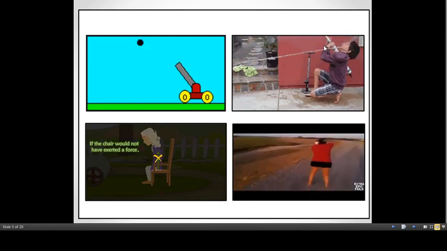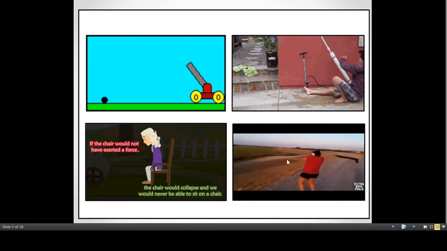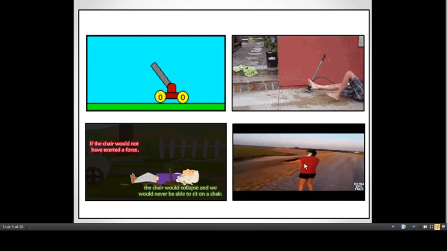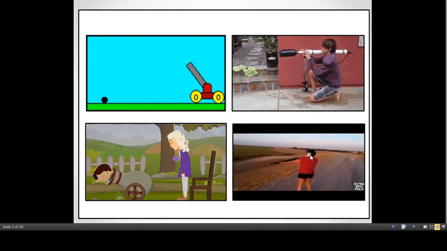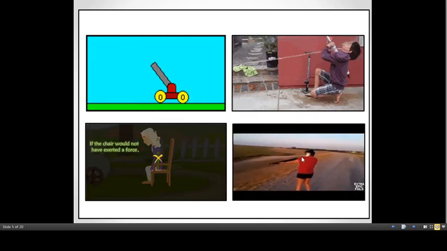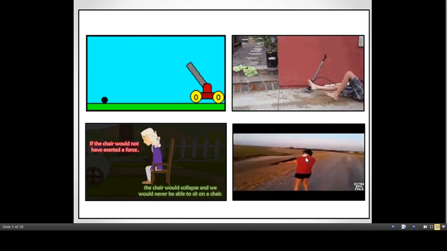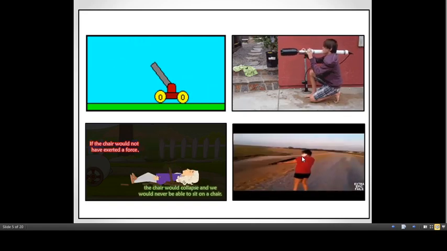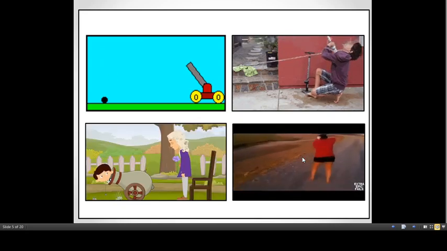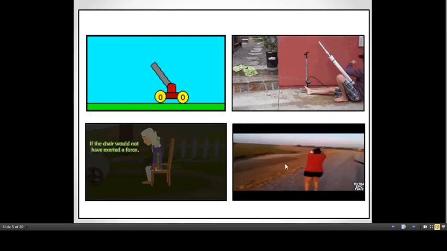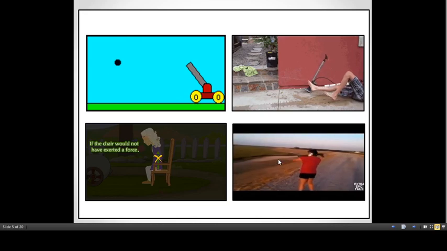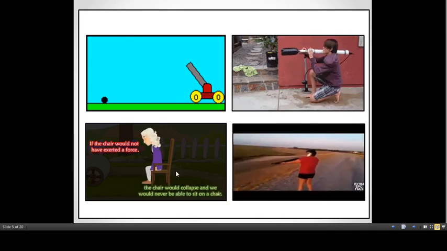Here the same concept, here also the same concept. This person tried to fire with the help of a gun. So whatever the force required here to move that bullet in the forward direction, the same impact comes on his shoulder.